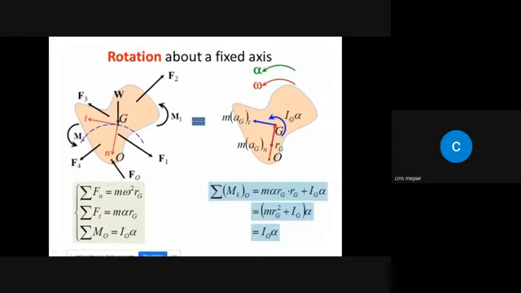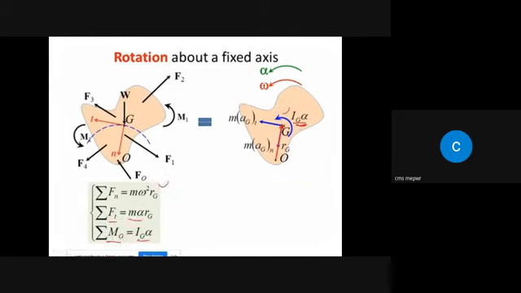Okay. And for example, if you want to find out moment about point O, in this case we are having two components, one is MAGT, one is MAGN. MAGN is passing through this point O, so due to this one we don't have any moment.